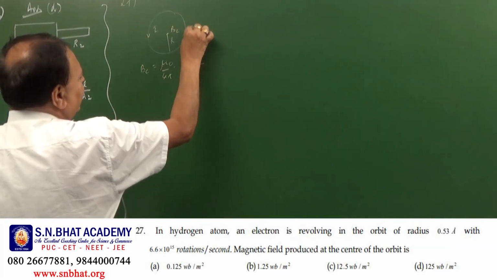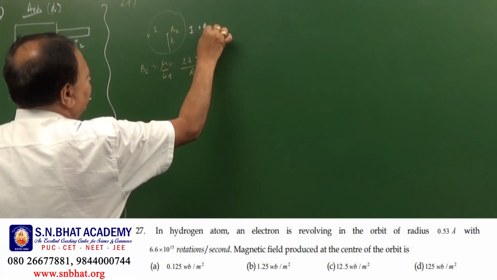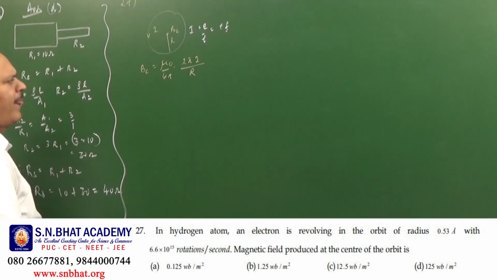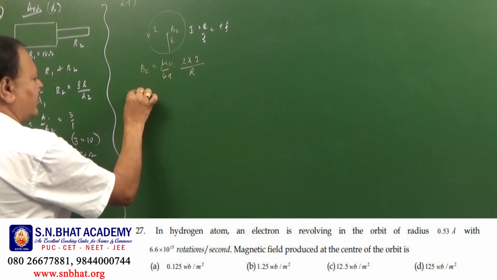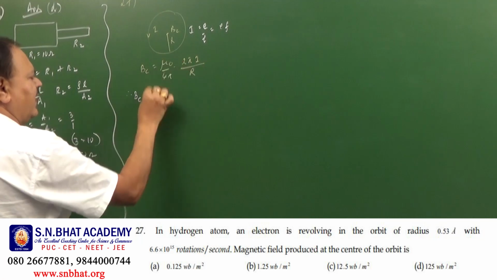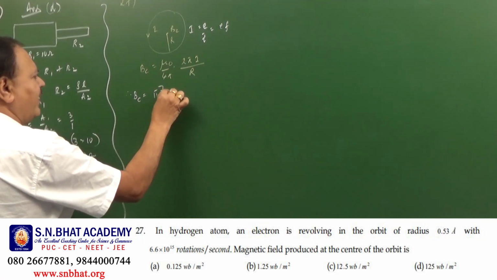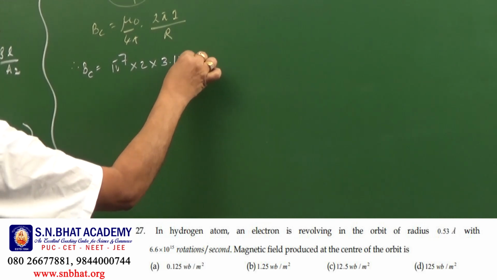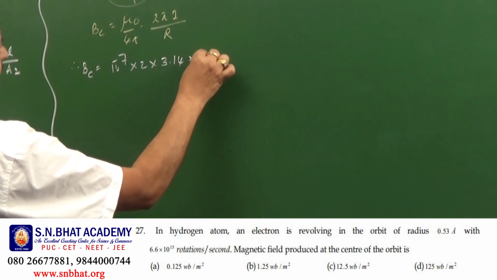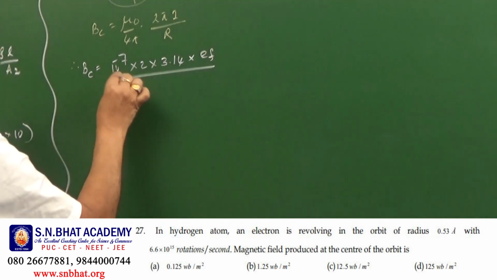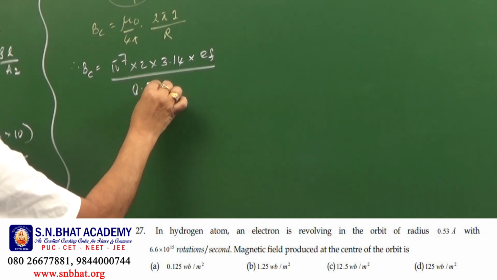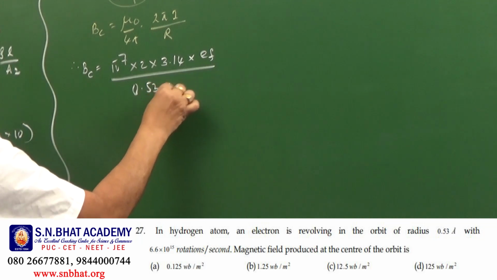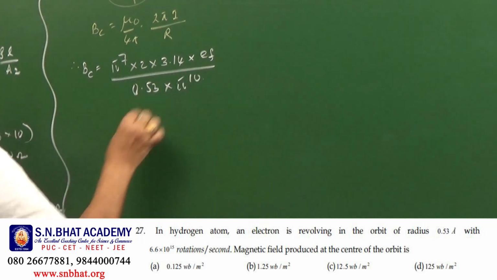You know that I is equal to charge by time, and it is nothing but E into the frequency. And therefore you change over the formula. BC is equal to 10⁻⁷ into 2 into 3.142 into, in the place of I we write E into F, all divided by the radius 0.53 into 10⁻¹⁰.